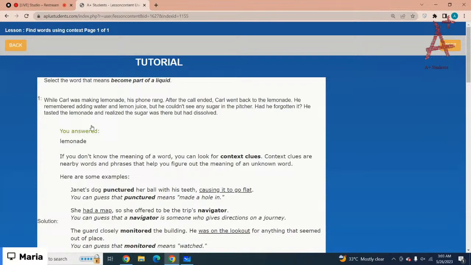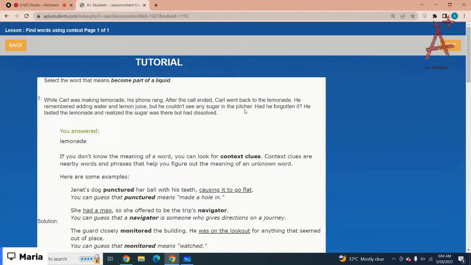So you have to look for the word that means become part of a liquid. He tasted the lemonade and realized the sugar had dissolved. Basically, the word dissolve means become part of a liquid. Got it? Like you can see, he couldn't see any sugar in the pitcher.